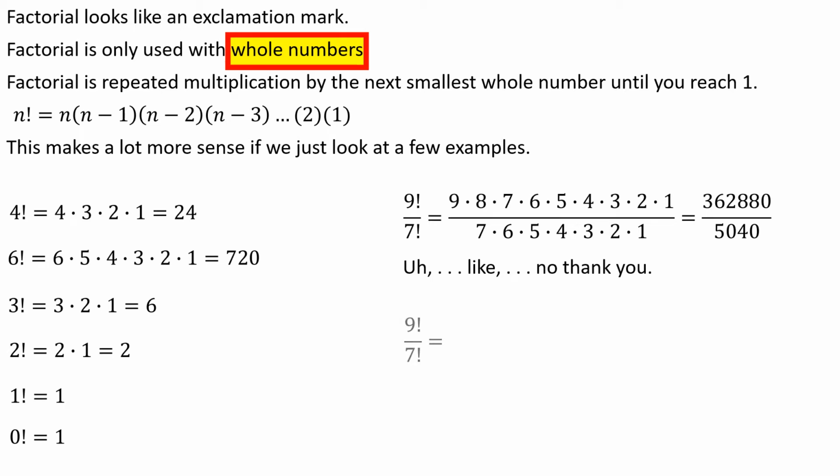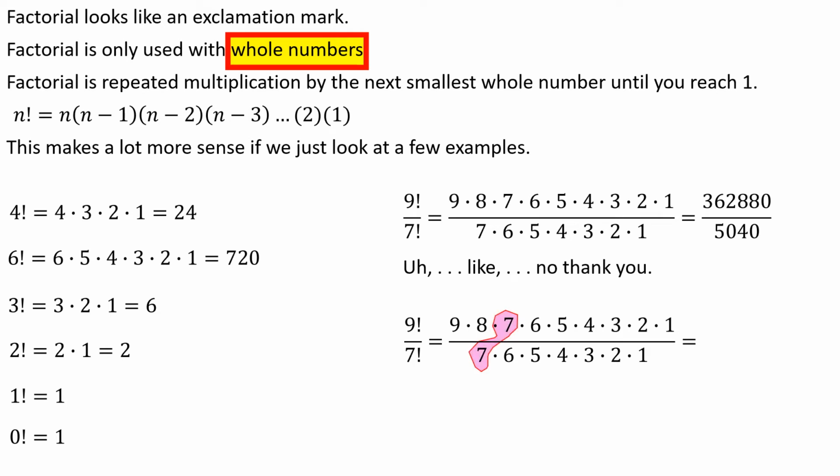So here's what we do instead. Right, if I got 9 factorial over 7 factorial, of course, it's still that same progression, right? It's still 9 times 8 times 7 times 6 times 5 times 4 times 3 times 2 times 1 on top. And then on the bottom, it's still 7 times 6 times 5 times 4 times 3 times 2 times 1. But I can cross cancel.